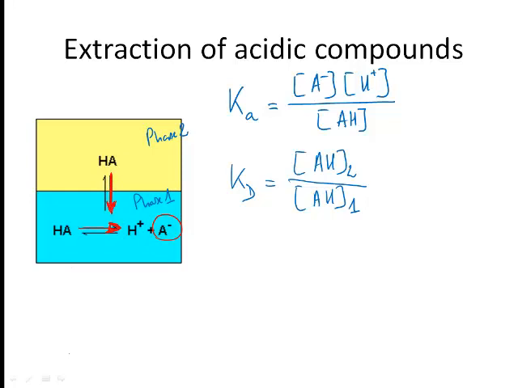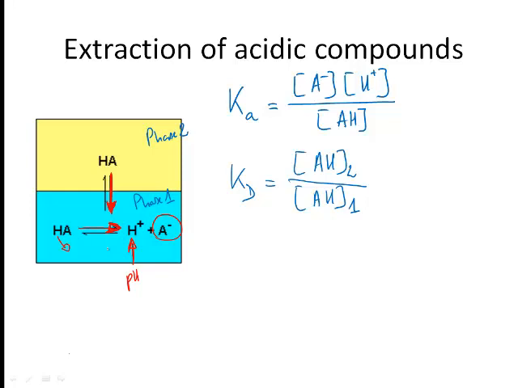So we're going to pull the concentration of AH from phase 2. So by changing the pH here, we can pull the equation towards the formation of more conjugated base and reduce the concentration of AH in phase 1, which will pull the concentration of AH from phase 2.